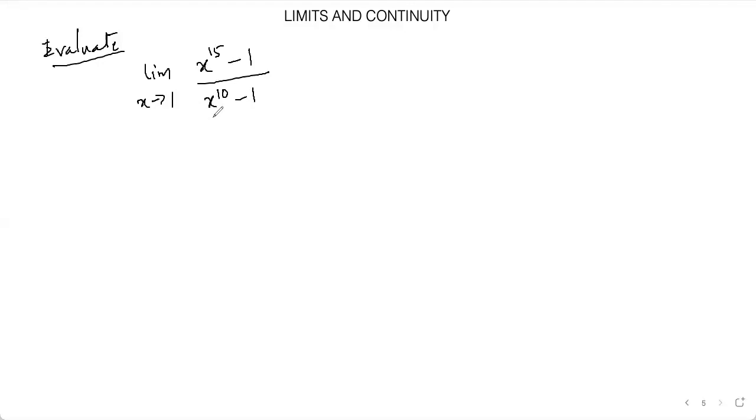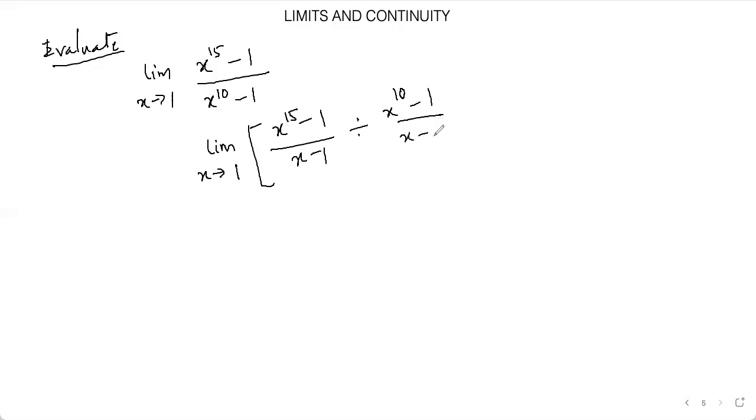So limit x to 1 can be written as, I'll multiply and divide by x minus 1. So x to the power of 15 minus 1 by x minus 1, divided by x to the power of 10 minus 1 by x minus 1. So we got this.